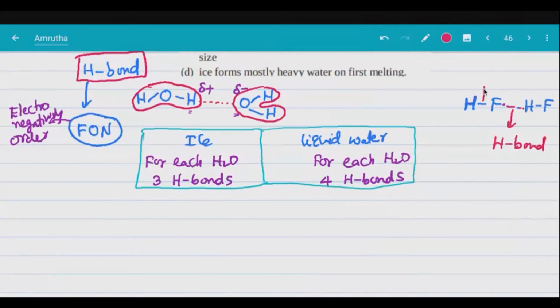The blue bond is covalent. This is hydrogen, this is minus, this is plus. See this red bond between molecules. This is one molecule, this is another molecule. That is hydrogen bond.